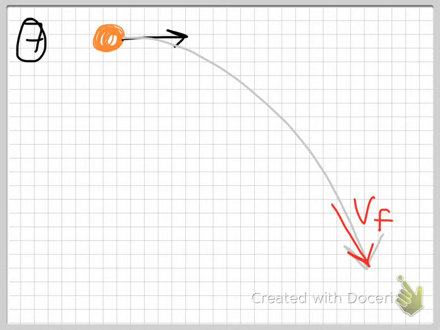Okay. If that known VF is not entirely on the x or the y, would it be true, I'm asking you rhetorically, that there would be an x component to that final velocity and a y component to that final velocity? Is that a true statement? Some of you look like you want to vomit at that.